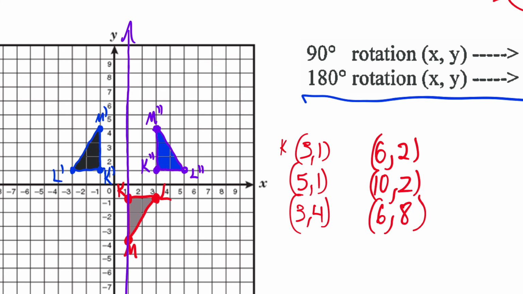This is K, L, M. So 6, 2 is K triple prime. 10, 2 is L triple prime. And then 6, 8 is going to be M triple prime. And it's going to look like this.